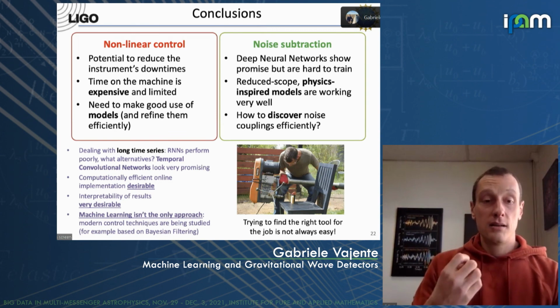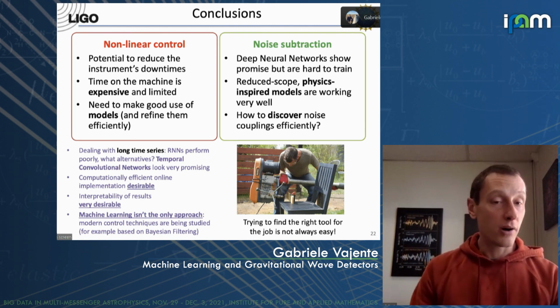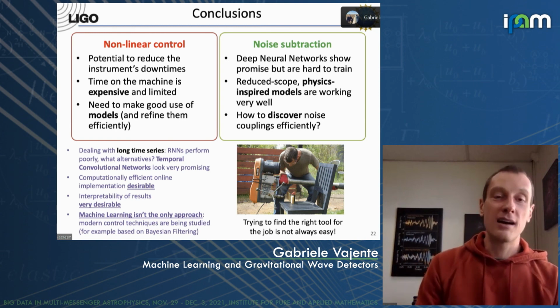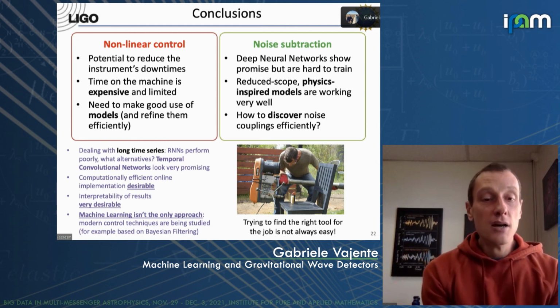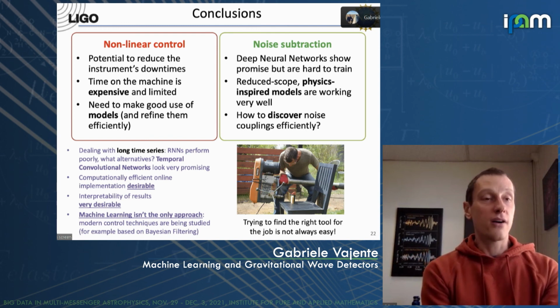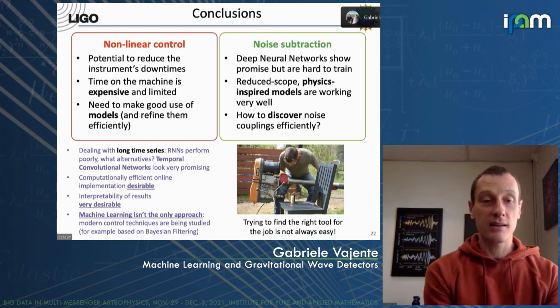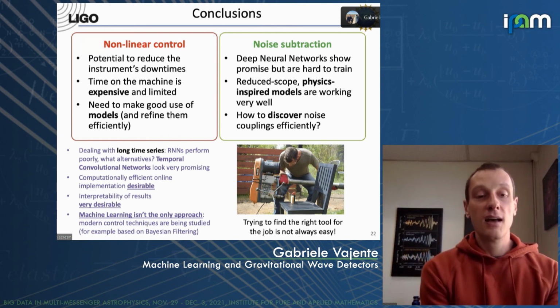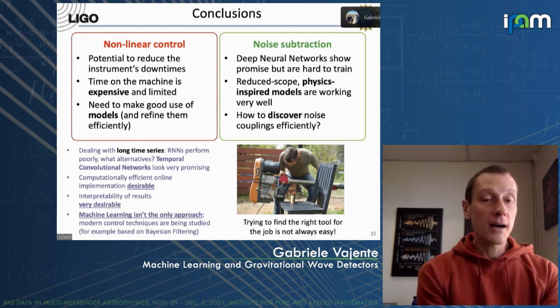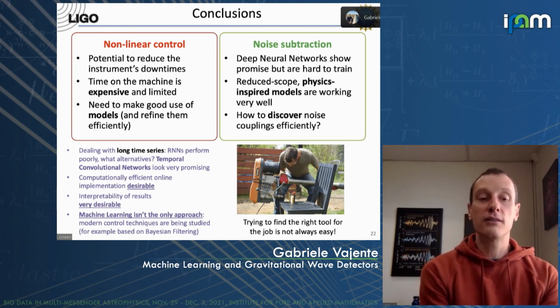Of course, machine learning isn't the only approach. There are modern control techniques that are already used a lot out there in the world, outside of the gravitational wave field, for the control of nonlinear systems, from the extended Kalman filtering, which is just a sort of approximation for nonlinear systems, to a lot of other model-based predictive control techniques.